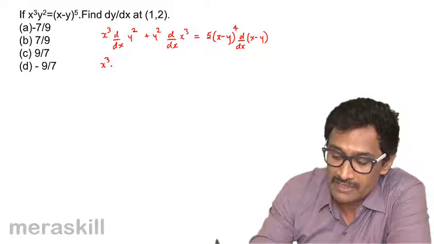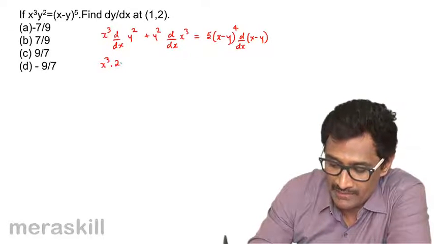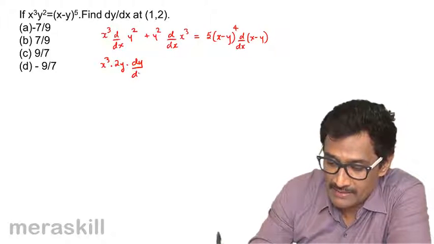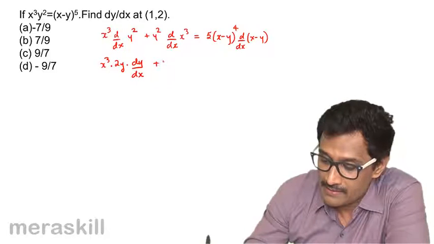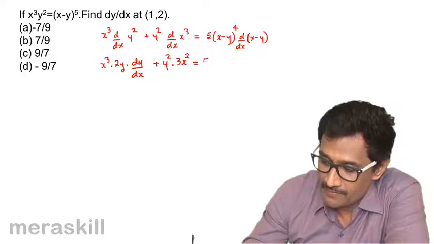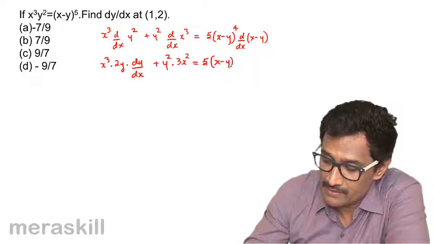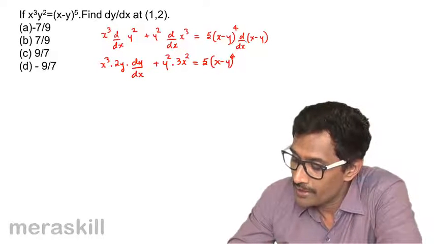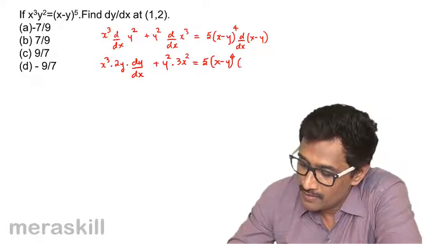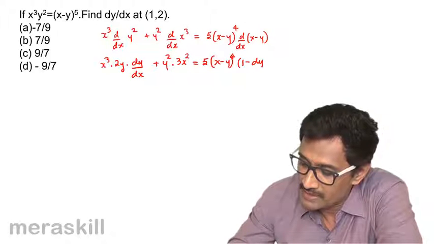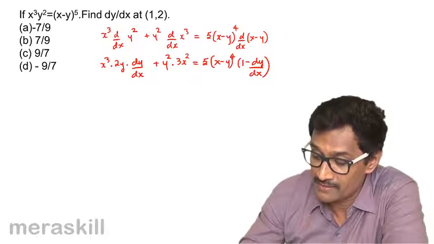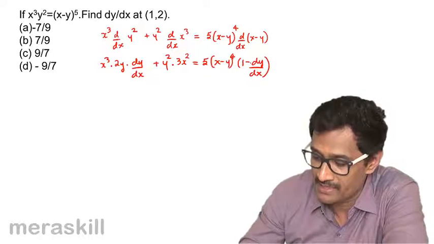First we find the derivative of y raised to n, so n y raised to n minus 1, then derivative of y, which is dy by dx, plus y square into 3x square is equal to 5 into x minus y raised to 4 into d by dx of x minus y, that is 1 minus dy by dx. We have found out the derivative of x is 1, derivative of minus y is minus dy by dx.